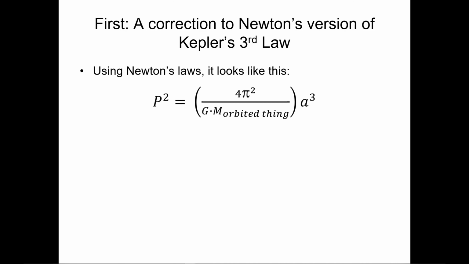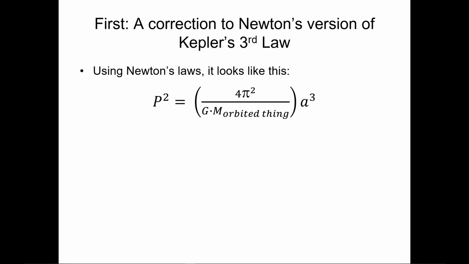Using Newton's laws, the one that we've been using, it looks like this, where P squared is 4 pi squared divided by G, the universal gravitational constant, times the mass of the orbited thing, and that's a constant for any single object that happens to be orbited, and then times a cubed, the semi-major axis cubed.